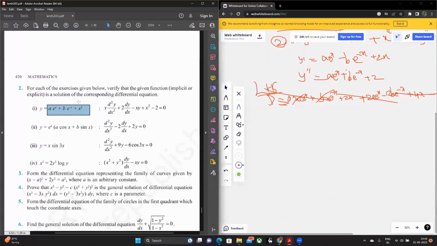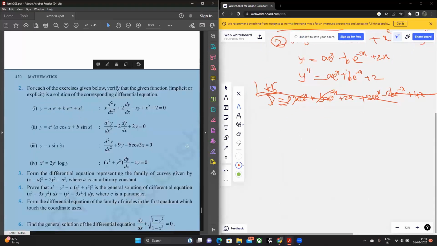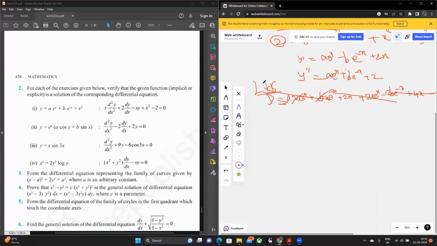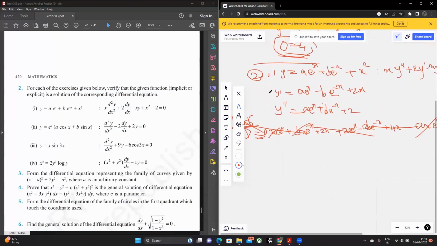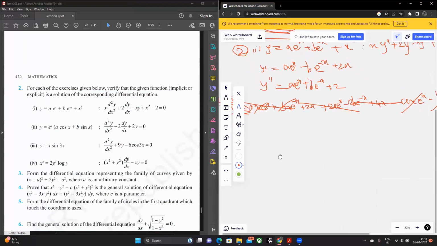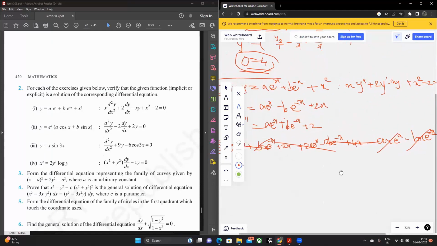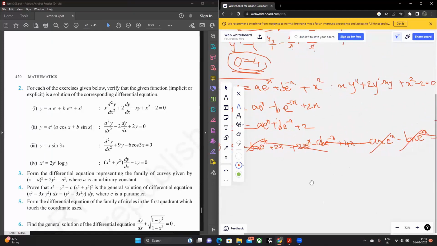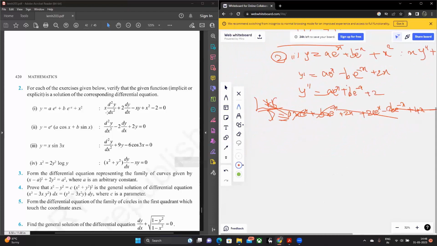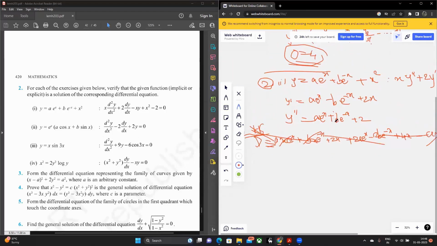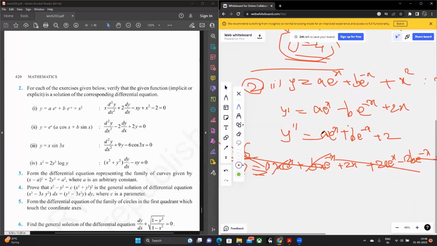So if you don't know the value of these arbitrary constants, then since you have found the differential forms over here, what you can do is use these forms, where you know a e^x and b e^(-x) are given.